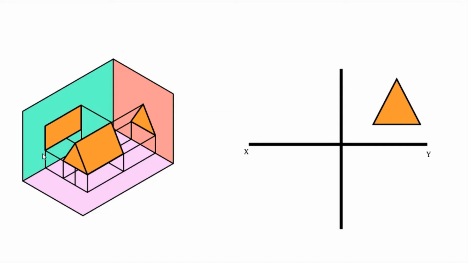That is an equilateral triangle. So an equilateral triangle of side 40 millimeter is drawn. This is the side view.